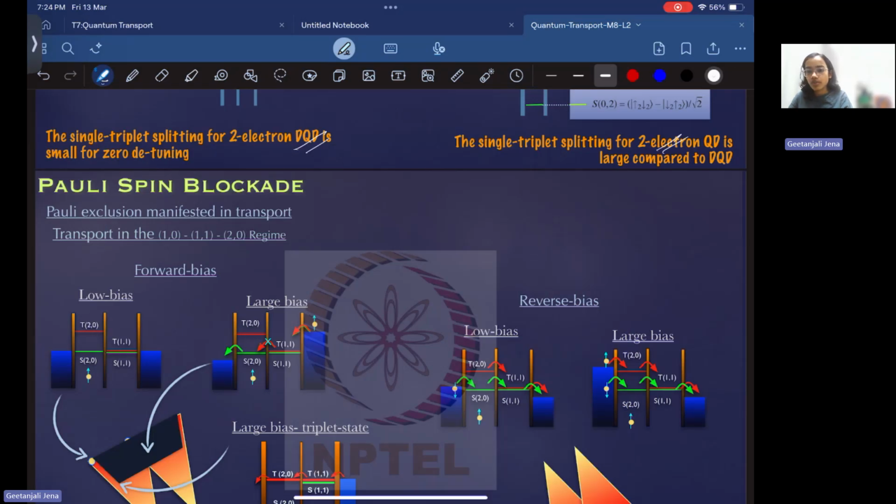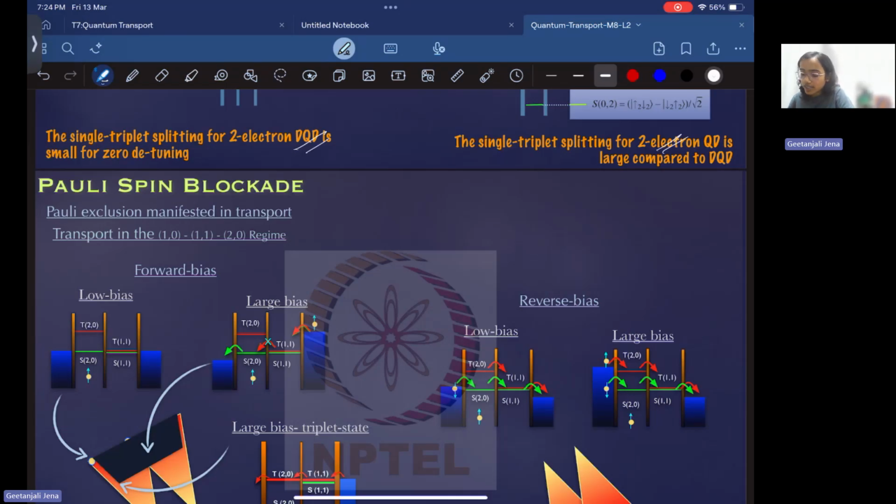It can be an electron triple point or a hole triple point. And for the high bias case, the charge transport happens in a bias triangle, in the area enclosed by this bias triangle, which satisfies the required chemical potential condition.